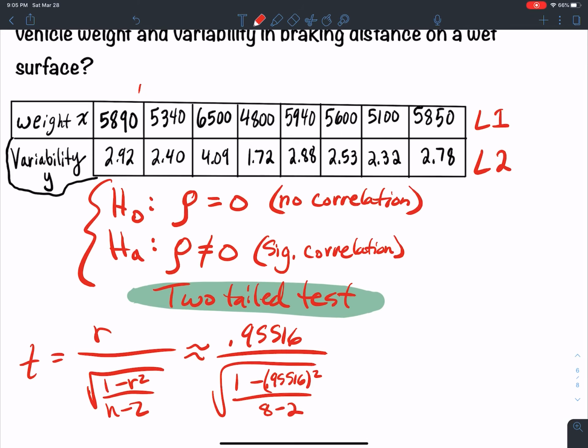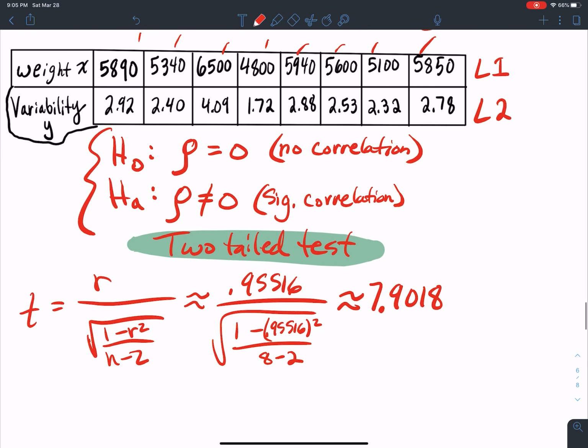There are 1, 2, 3, 4, 5, 6, 7, 8 pairs, so n is equal to 8. When I type that in my calculator, I get 7.9018. A t-score of 7.9.